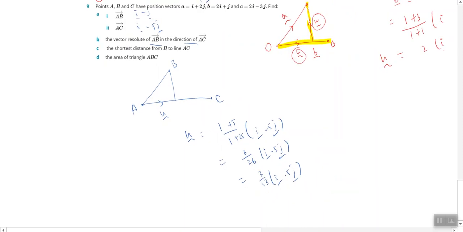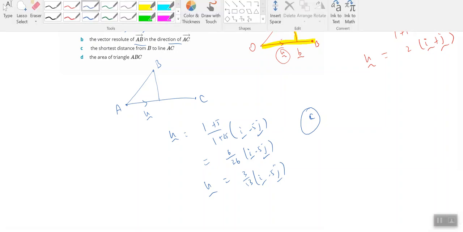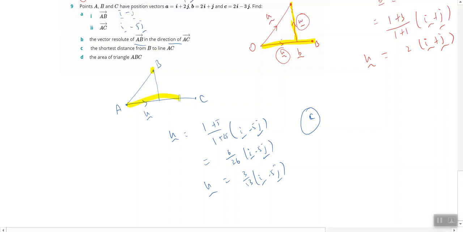Okay, so C is asking you for the shortest distance from B to AC. So from here to the line AC would be the perpendicular distance, so you want W. Again, you can see they're trying to ask you the same question over and over again, but maybe in a slightly different way.